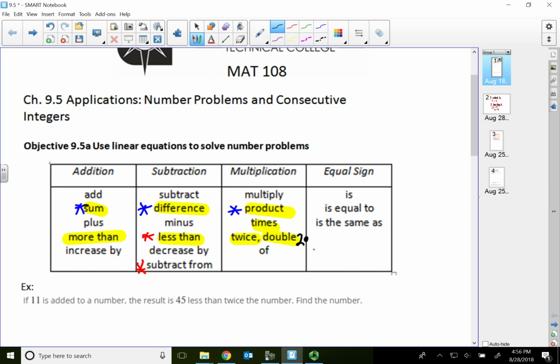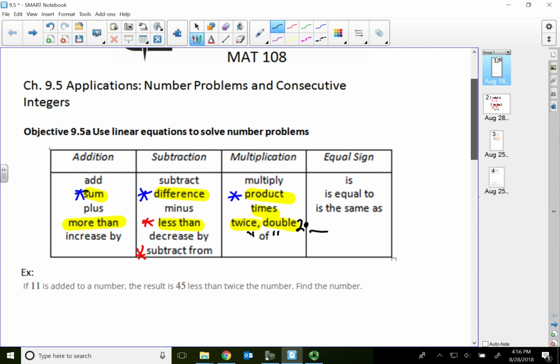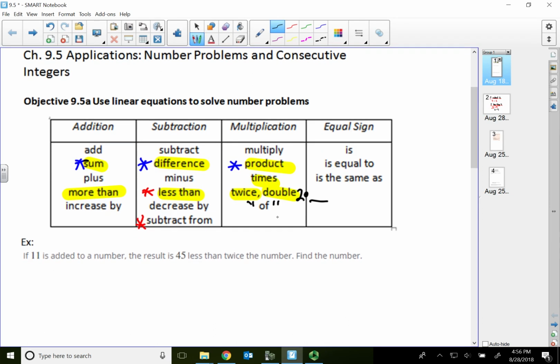Okay, put a 2 in the front, 2 times something. The word of sometimes means multiplication, sometimes it just means of. So the word of means multiplication when we are dealing with percent type of problems or when we're using fraction wording like a third of, half of.